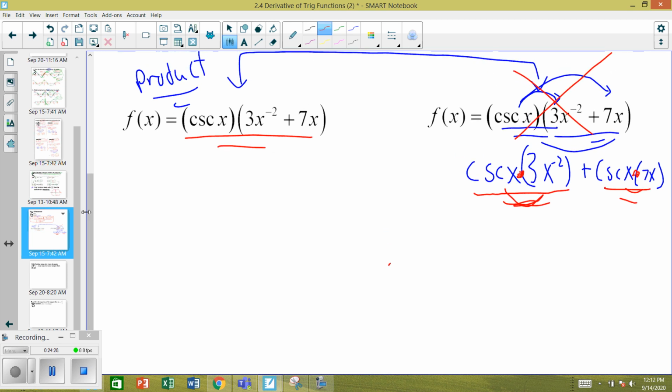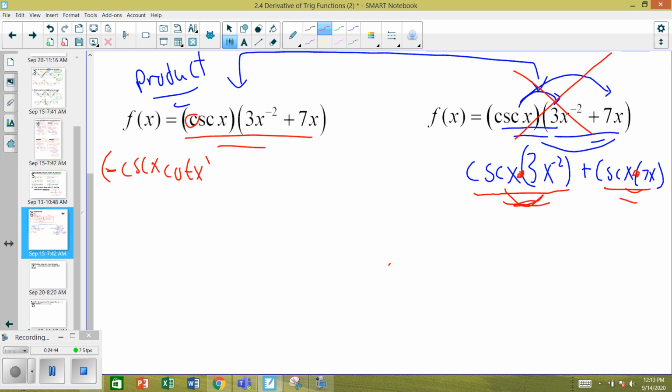Let's do it right here. All right, product rule. So derivative of the first, derivative of cosecant, remember, is negative, because it's a c, negative cosecant x cotangent x. Just try to remember that.